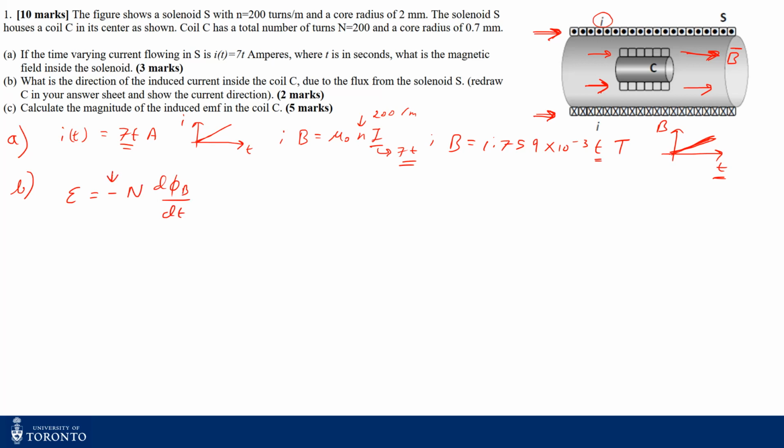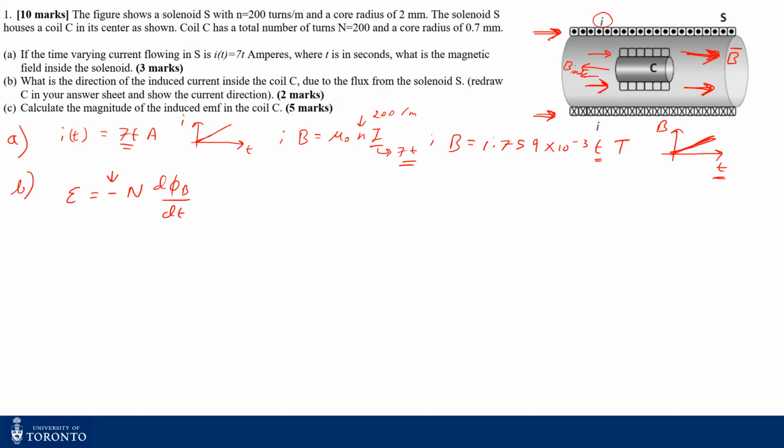This basically tells you that the direction of the induced voltage or current will try to reduce the change that's causing its induction. So since the magnetic field is increasing with time in the right hand direction, the induced current in this coil will be such that it reduces that increase. Therefore the induced magnetic field will be in the opposite direction.